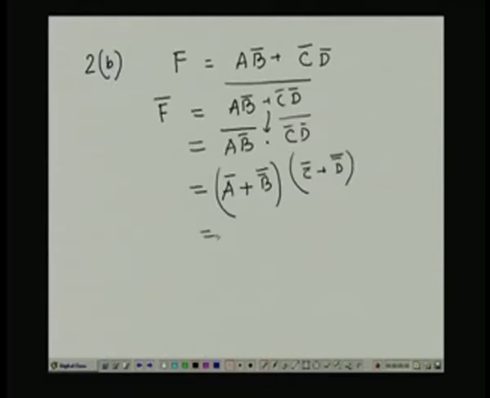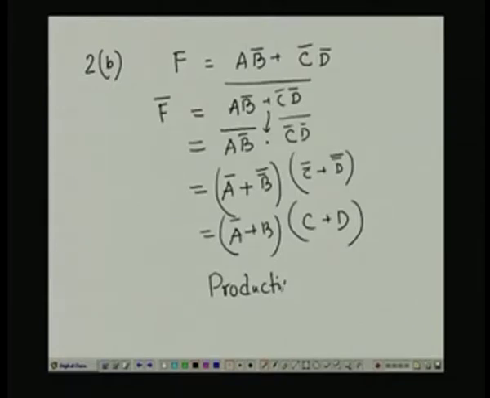Now, this is A bar plus B into C plus D. Now, see, this is my product of sum form.